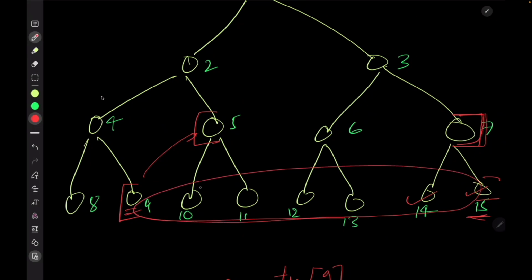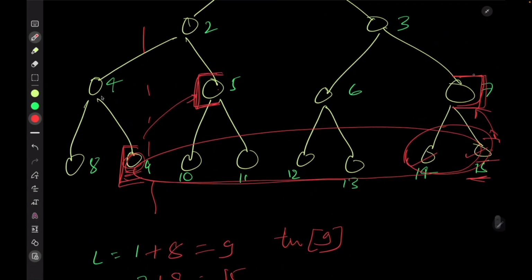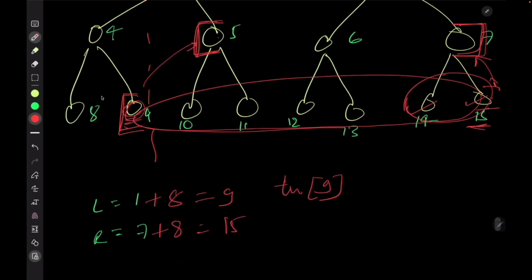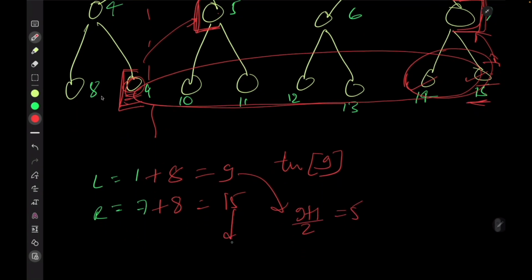Now we want only this node from this subtree, so we took it and jumped here. For R, we needed the value of both nodes, so we went directly to its parent. Now the value of L is 5 and R is 7. It was 9 plus 1 by 2, we got 5. It was 15 by 2, we got 7.